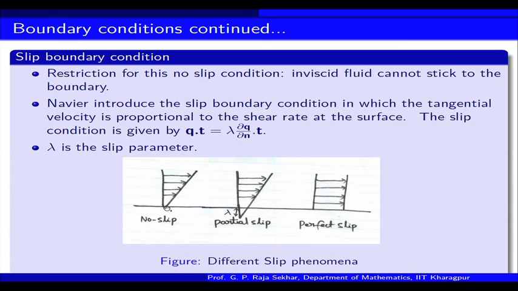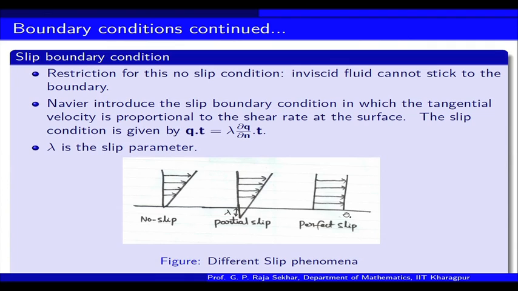We expect no slip, that means particles adhere to the surface, they are at rest when the surface is at rest. If the surface is moving, the particles are also moving with it, therefore the velocity is 0 here. But in partial slip, where lambda is finite, then due to the surface roughness the velocity is not 0 on the surface, it is somewhere slightly interior, and this is called the slip length.